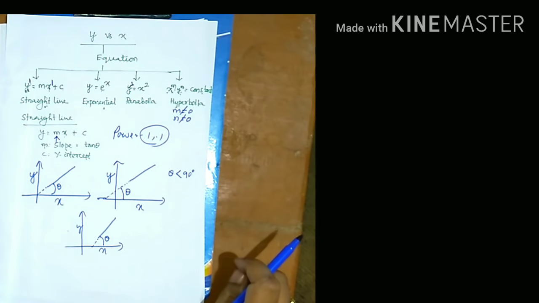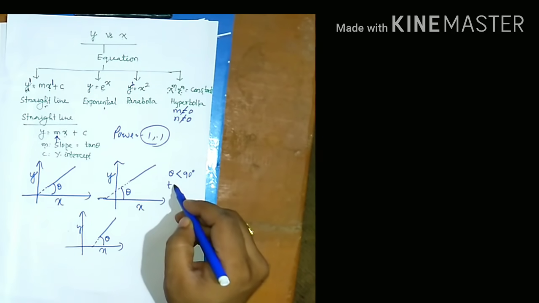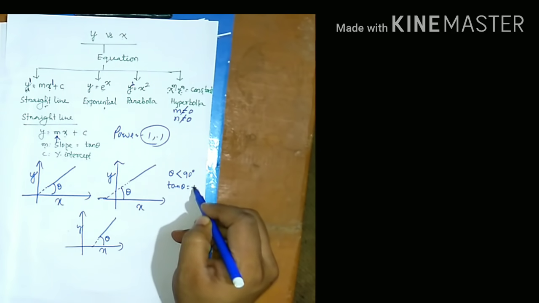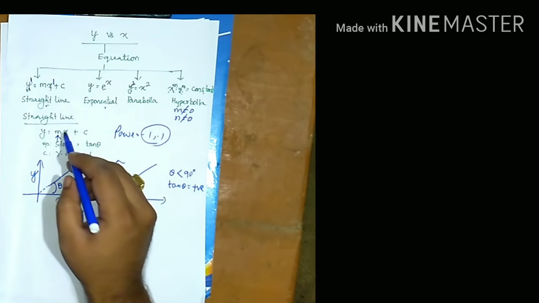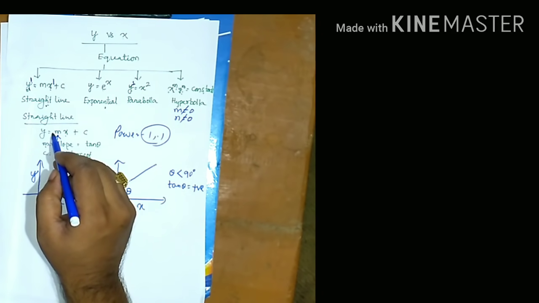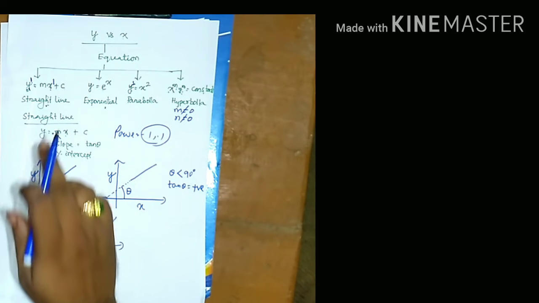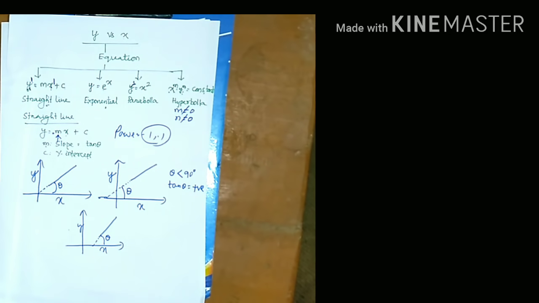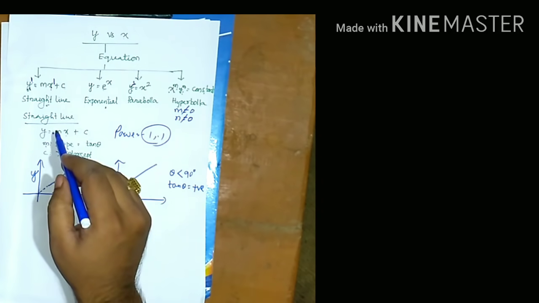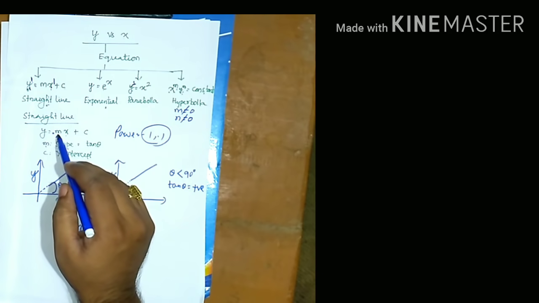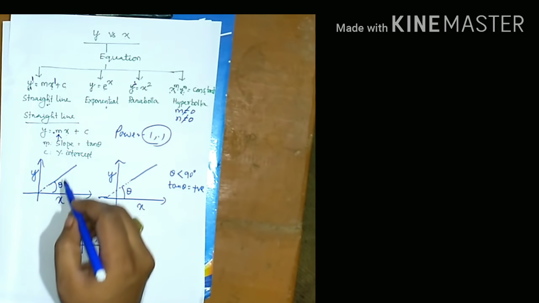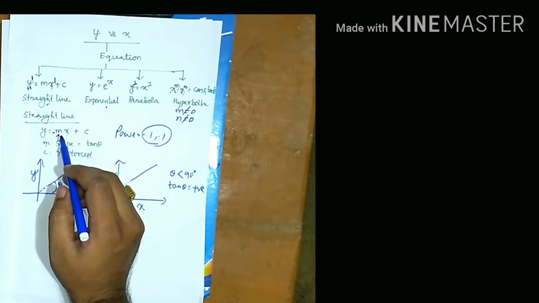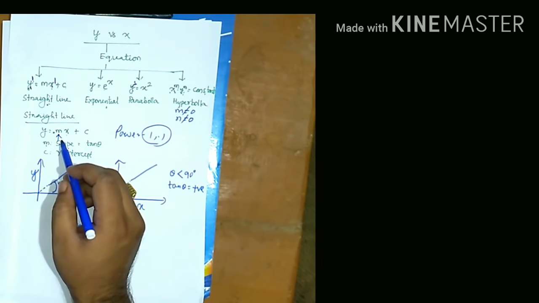So when theta is less than 90 degrees, the tan theta value will be positive, and as the tan theta value is positive, the slope is also positive. That's why there is a plus symbol before the m, or if there is no sign, it is positive. So when y is equal to mx plus c, if you are getting a plus sign, or if nothing is given, that is a plus sign, it means this is for a straight line having positive slope.